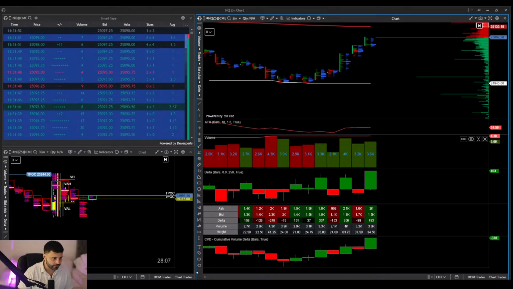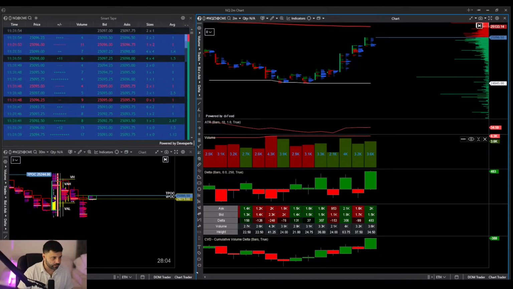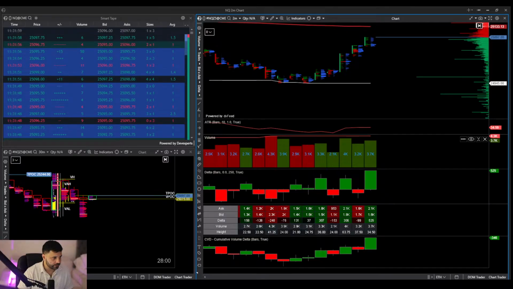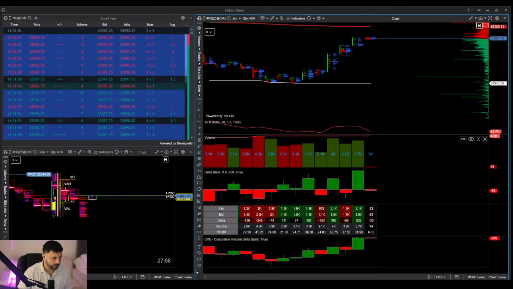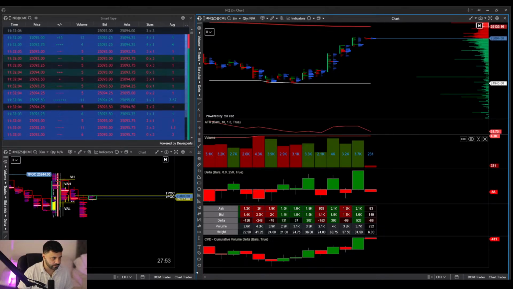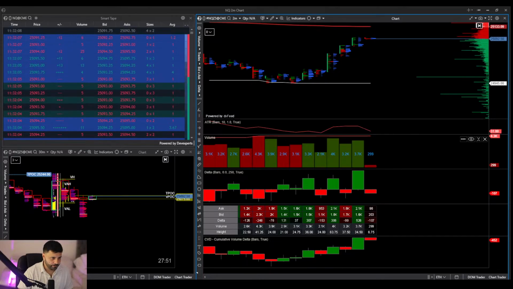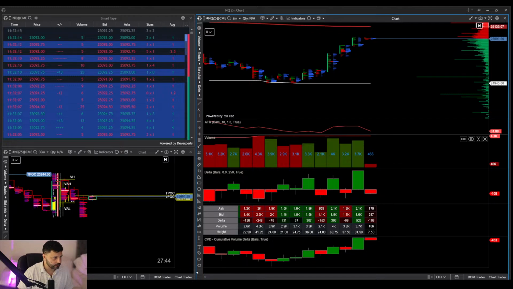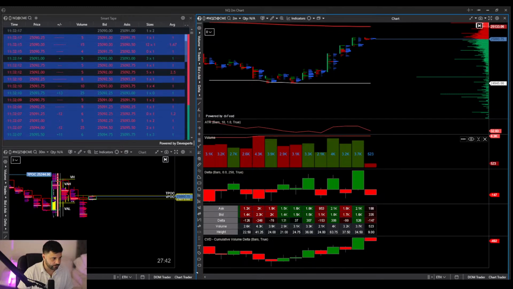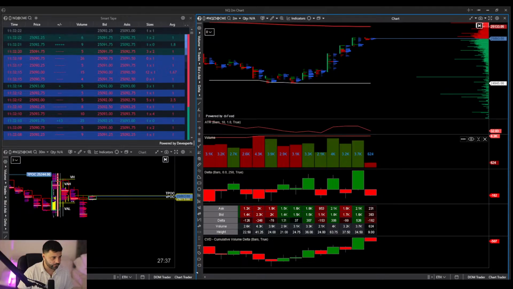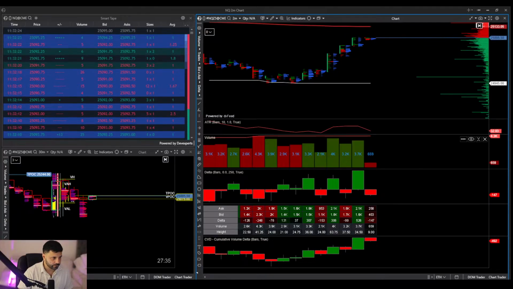I just expect it to range, maybe get up to here by the end of the day, and then sell off, back down, maybe back up, do something like this for the rest of the evening in the PM. Yeah, now I expect this market to come and fill this imbalance, this 5-minute FVG that we had here. If we can come fill it, maybe get a rejection, go higher, something like that.